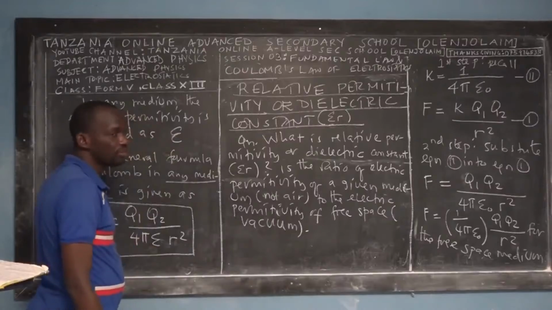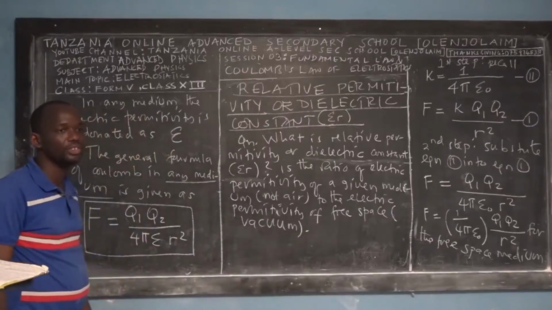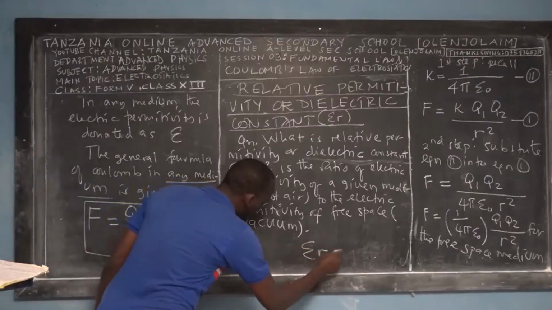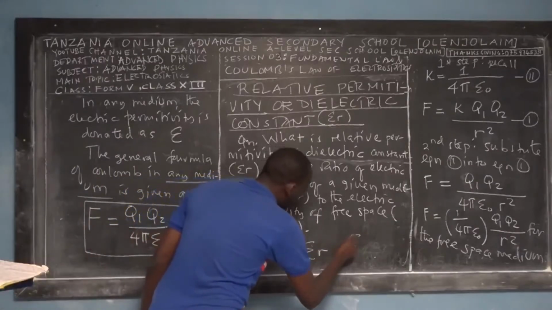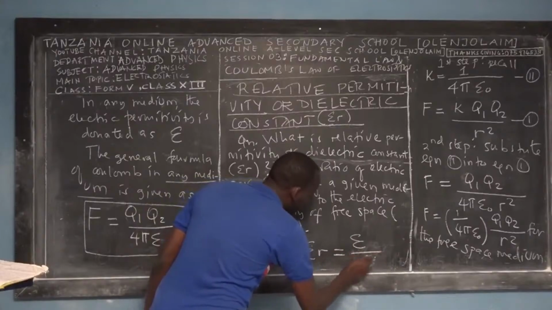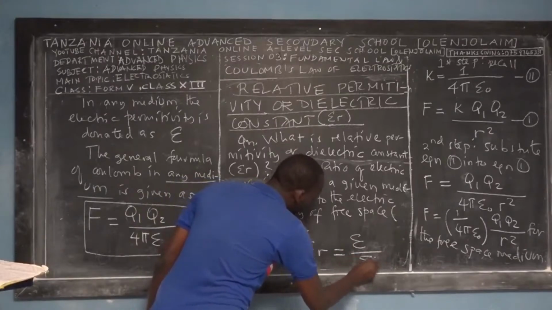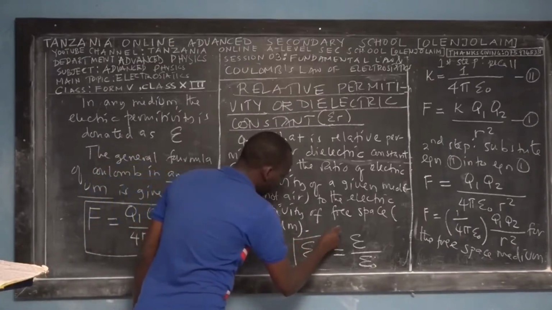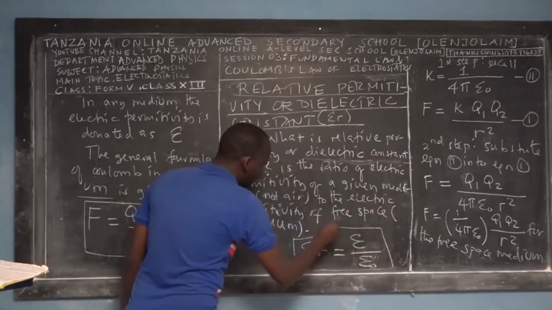That's the simple definition, and its mathematical definition. Relative permittivity is equal to the permittivity of the medium over the permittivity of the free space. Mathematically, this is the formula.